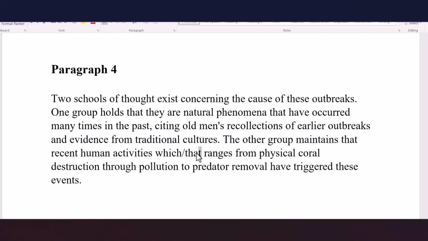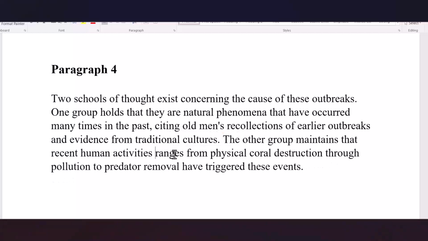For the sake of fluency, we reduce the sentence, and the reduction process is that we eliminate the relative pronoun which or that. And since the clause was in active voice, we change the verb following the relative pronoun into its gerund form. So we add an -ing to the active verb, and we have ranging from physical coral destruction through pollution to predator removal.